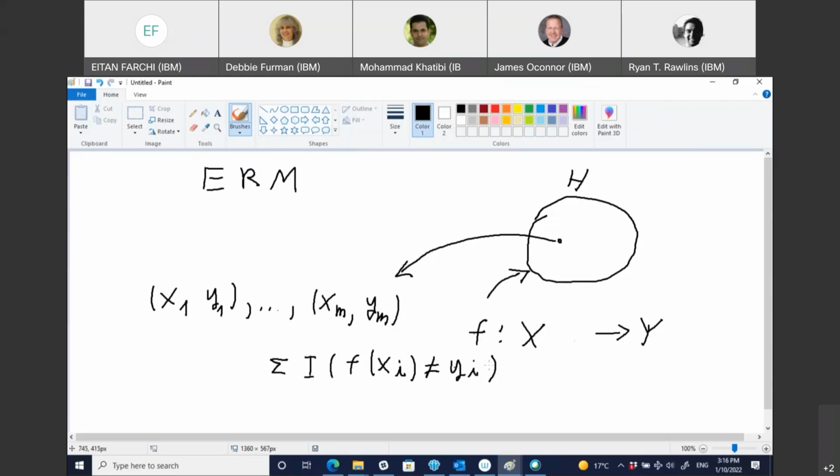I'll just count how many times they are different, and I'll pick the f that is the best one, the function in H that does that.